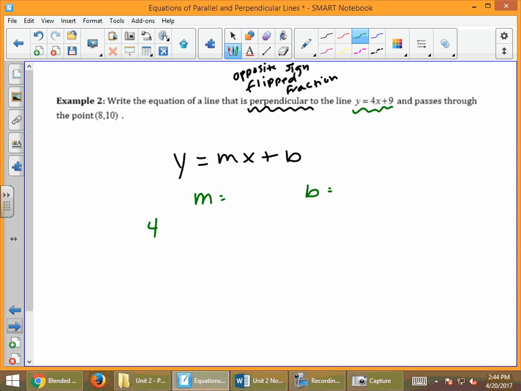And we want a line that's perpendicular. So again, opposite sign, flip the fraction. When it's a whole number, remember, it's over 1. When we flip that, it becomes 1 over 4. And then flip the sign, positive to negative. So the slope of our new line is negative 1/4.